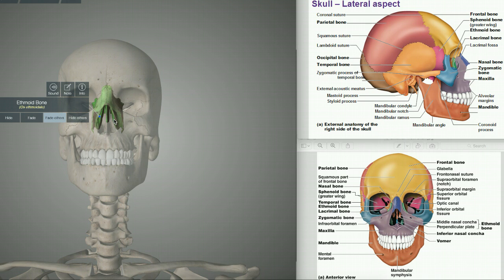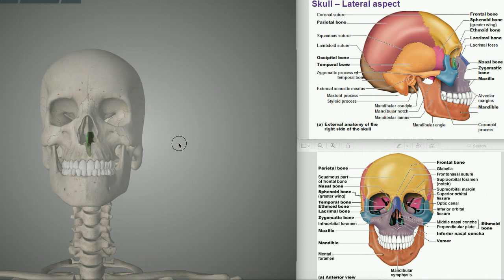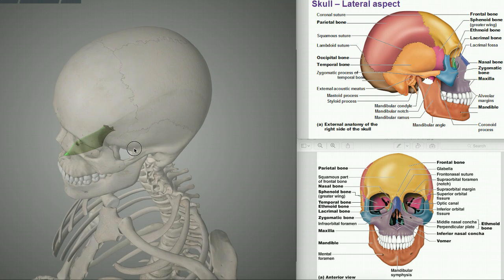Both of these together form the whole ethmoid bone. So on the right-hand side here, you can see the middle nasal concha and the perpendicular ethmoidal plate together form the ethmoid bone. The bottom part here is the vomer, and it extends all the way in.